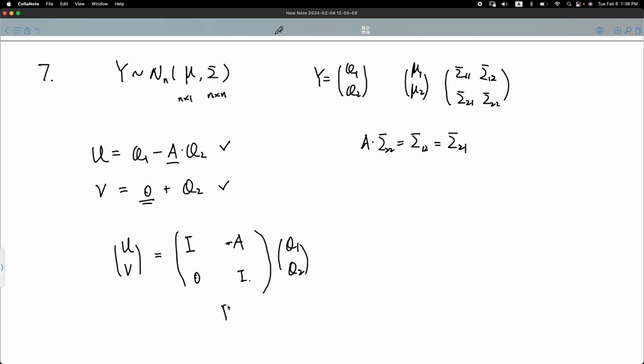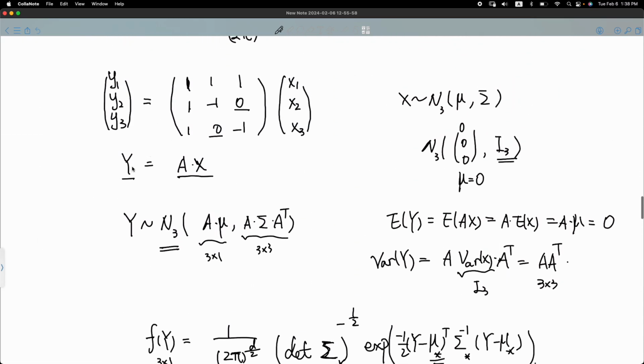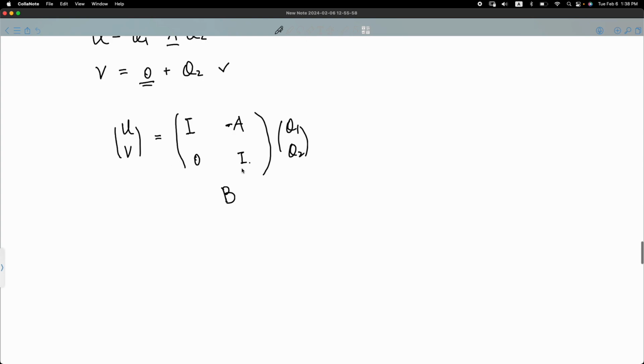Let's call this matrix B. I don't want to abuse the notation, but I just want to refer to the previous question. You basically have the form of a vector that is a matrix multiplied by another vector.